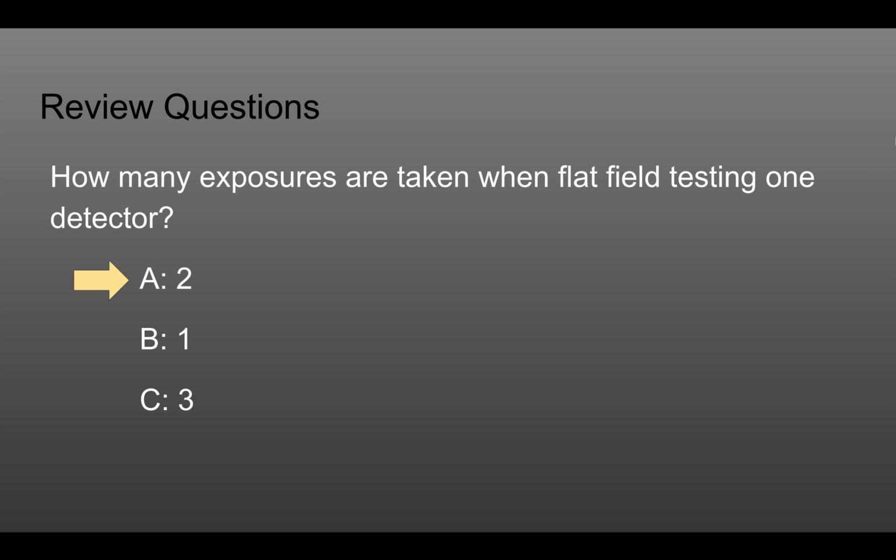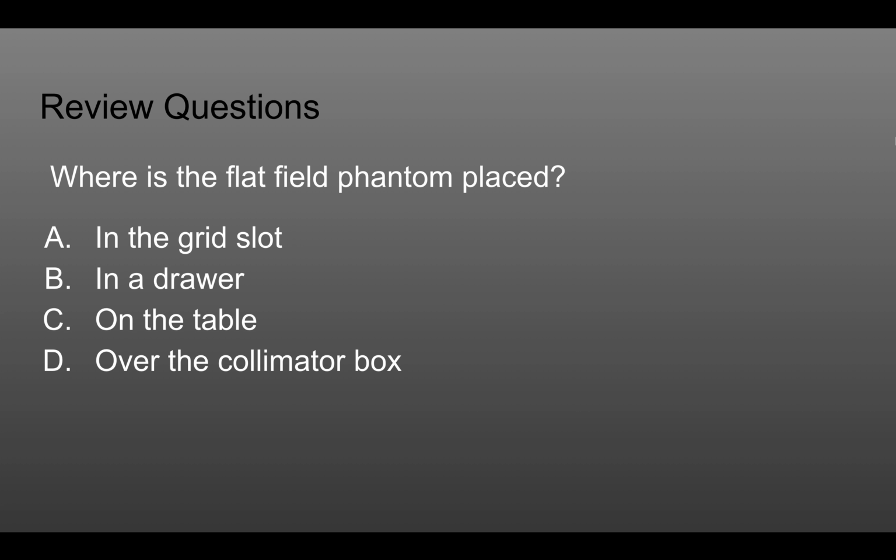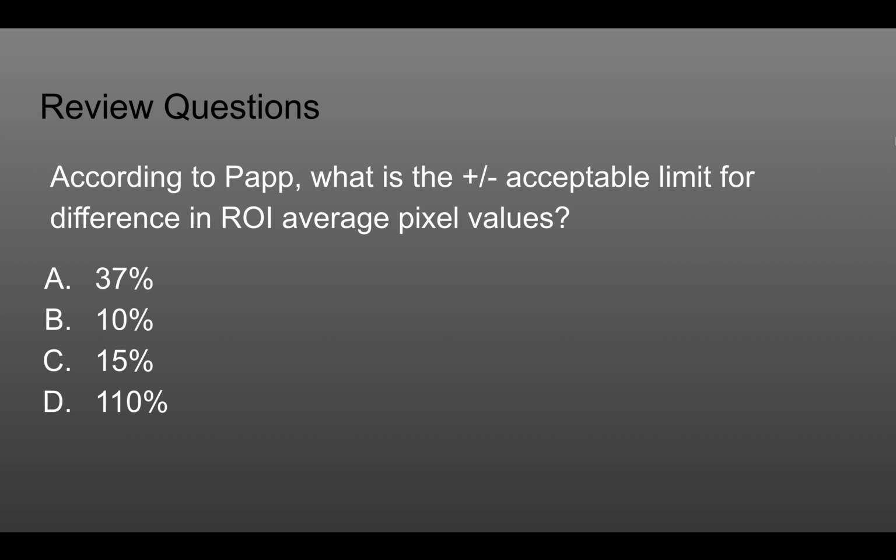Correct, 2. All right, where is the flat field phantom placed? In the grid slot, in a drawer, on the table, or over the collimator box? D, over the collimator box. And according to Papp, what is the plus or minus acceptable limit for difference in ROI average pixel values? 37%, 10%, 15%, or 110%?